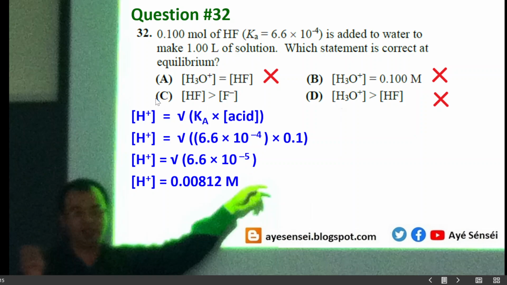And then option C, F- and H+ actually have the same value for their concentration. While the concentration of the acid itself is 0.1, which is pretty big, so we can say that this statement is correct. So for number 32, the answer is C.